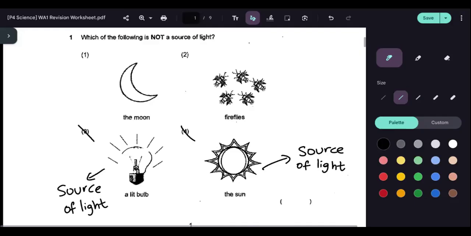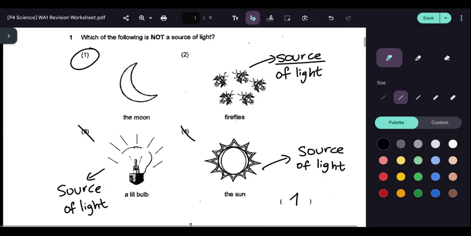Everyone must take note that fireflies are also a source of light, because the abdomen area, if you don't know, abdomen is the butt, the butt of the firefly produces the light, so it is also a source of light. The only thing that's not a source of light is the moon. The sun is, but the moon is not.